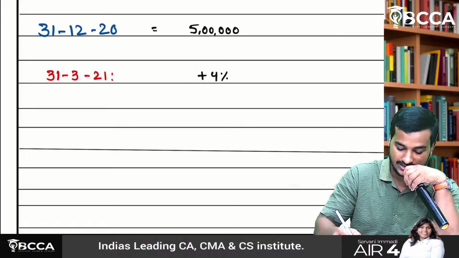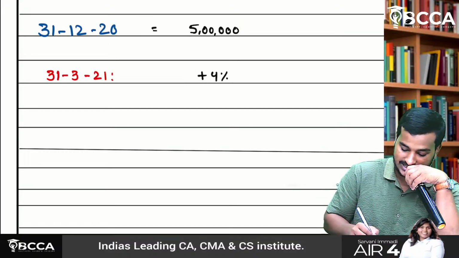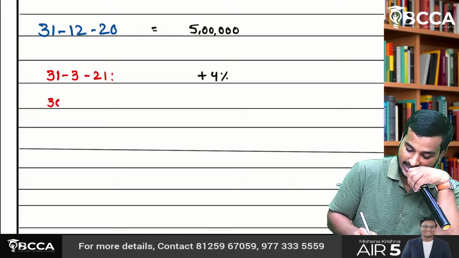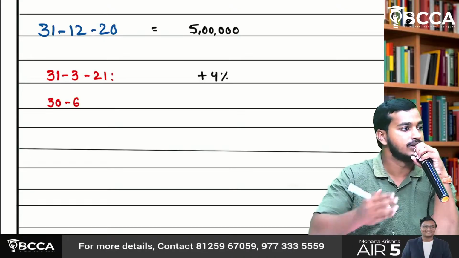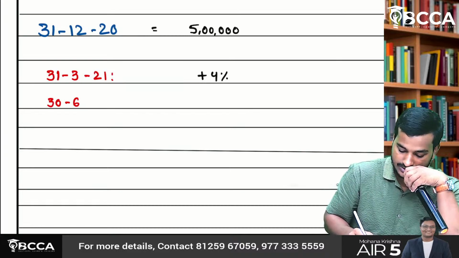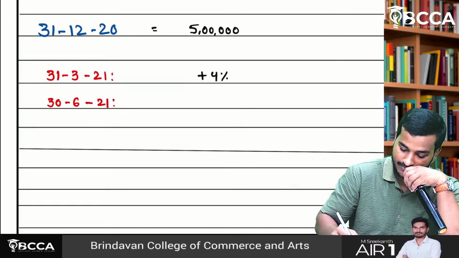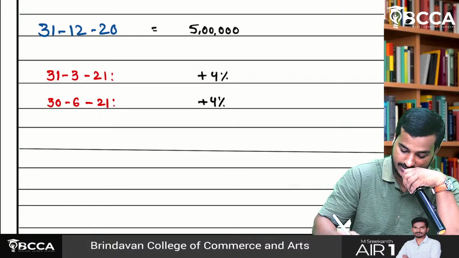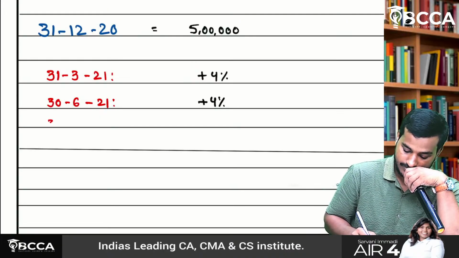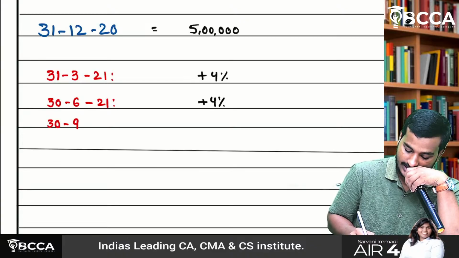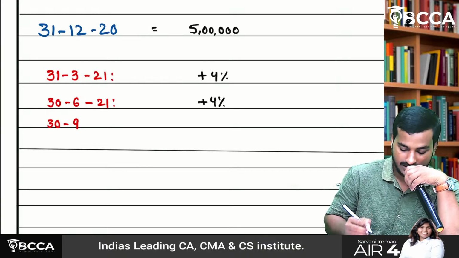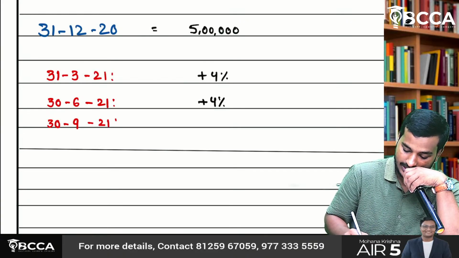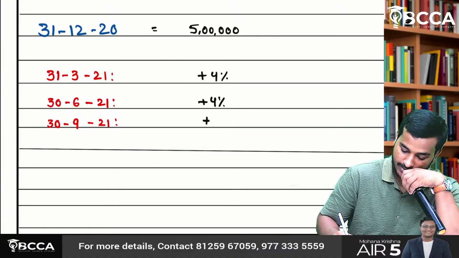Next quarter means add 3 more months. 30th June 20. Again plus 4%. Next quarter means 30th September 20. Again plus 4%.